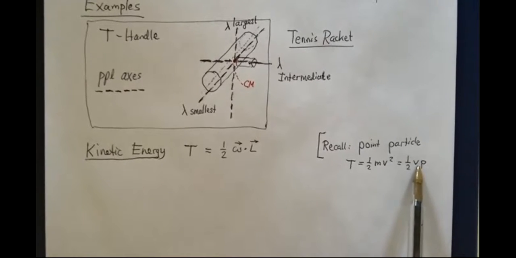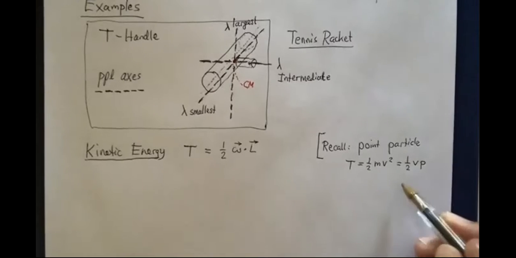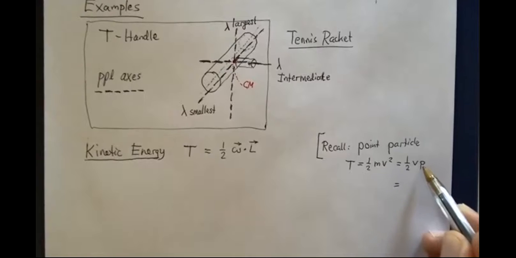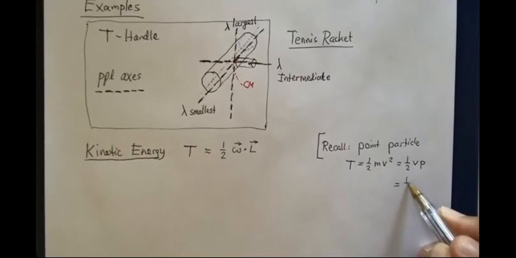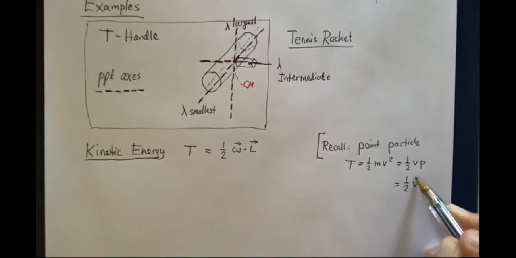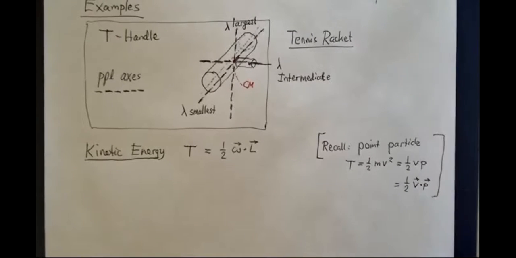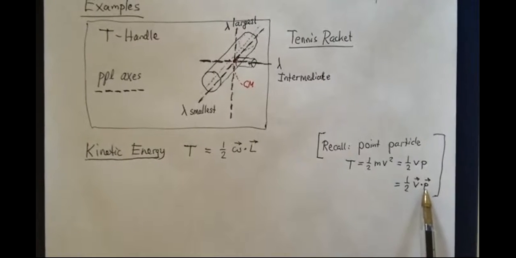So far, so good. Now, for a point particle, the momentum vector is parallel to the velocity vector. So let's emphasize here that v is the magnitude of the velocity vector, and p is the magnitude of the momentum vector. Because these two vectors are parallel, it doesn't matter if you write v dot p or speed times magnitude of momentum vector, same thing.